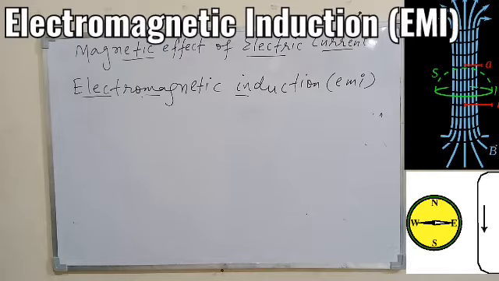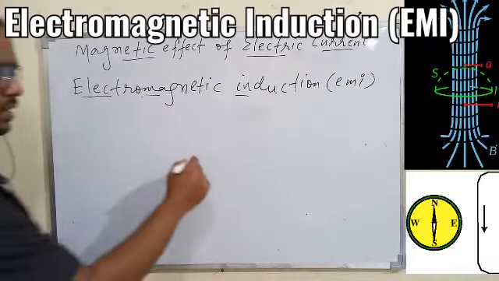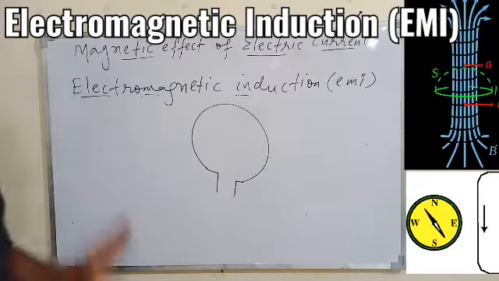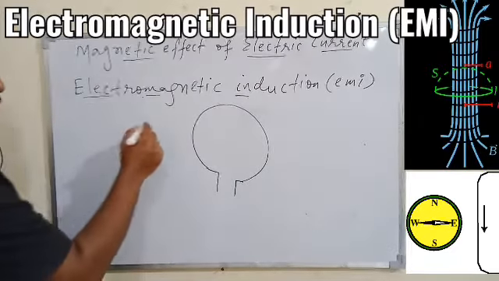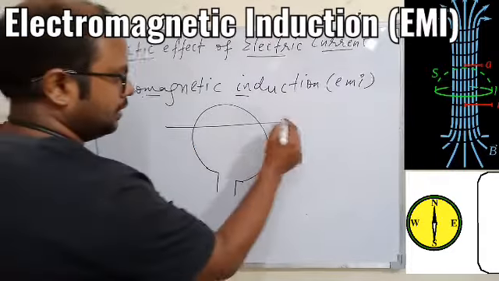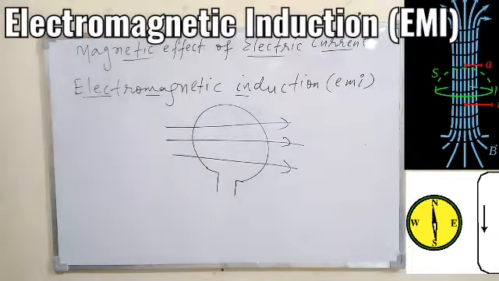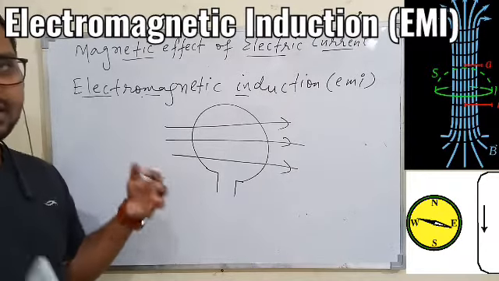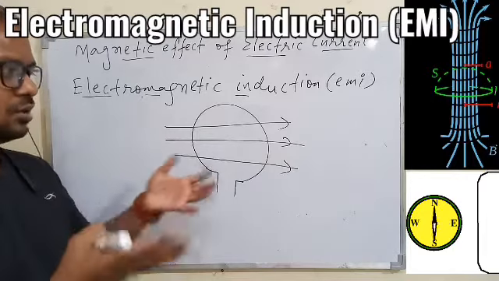Now understand the meaning. Just take an example: we have a coil, nothing else. Through this coil, the magnetic field lines are passing. The coil can be in any shape, circular or square, that's not a problem here.